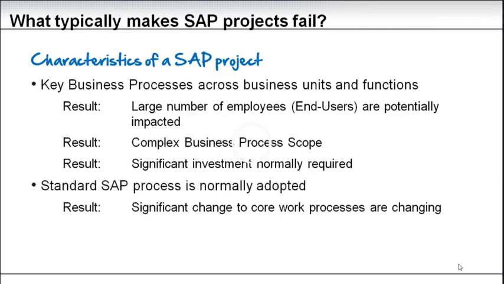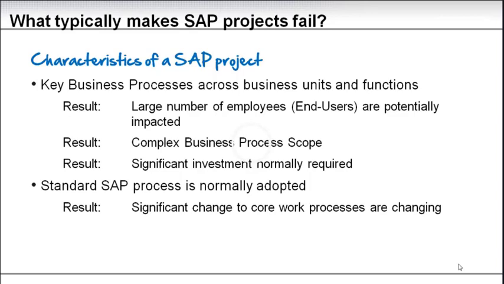Another characteristic of an SAP project is that the approach everyone normally takes is that the standard SAP process is to be adopted. This is based on the recommendation from SAP itself and from a lot of projects around the world that the SAP process is considered best practice.